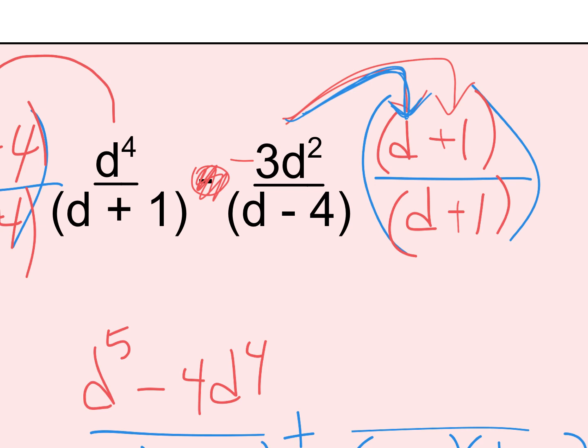So fundamentally, I'm going to highlight them just to make sure you get which two are multiplying. Negative 3D squared times this D. There it is. Negative 3D to the 3rd.